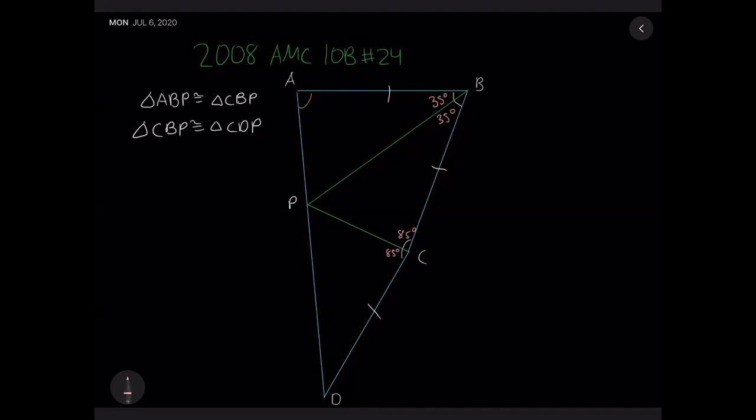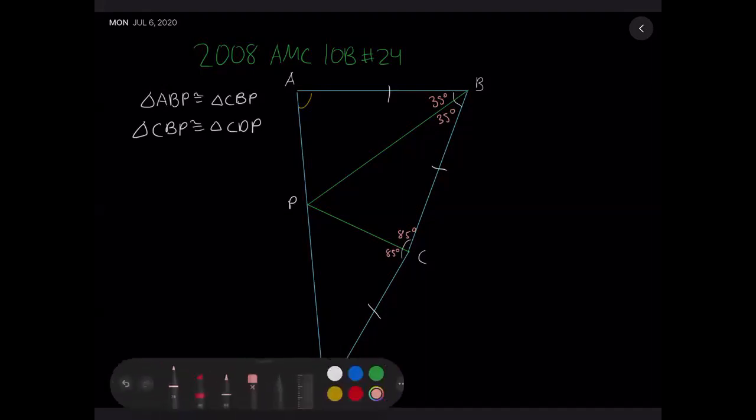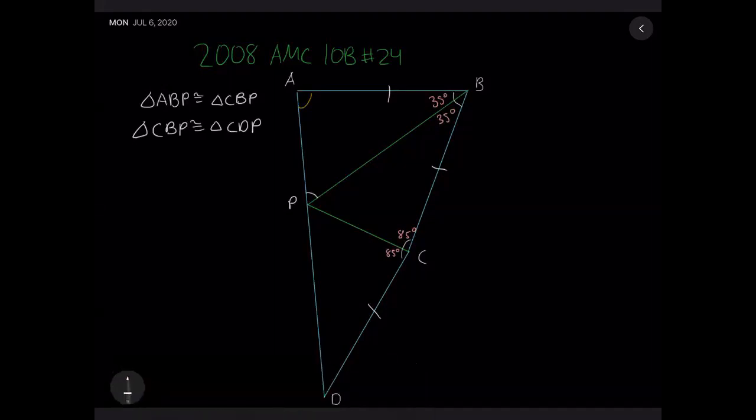We know that APB is equal to BPC. So let's write that down. These two are the same, and this is also equal to CPD because these triangles are congruent.